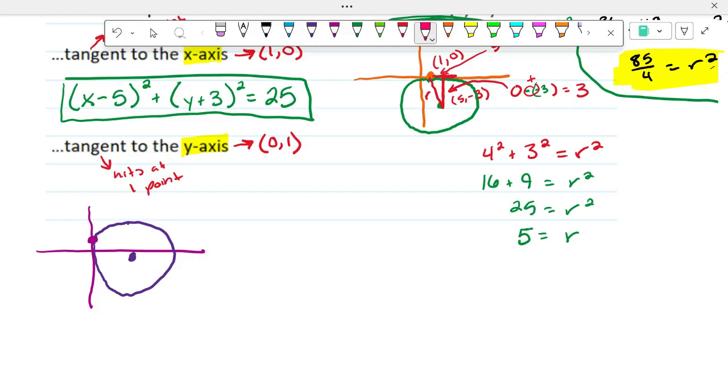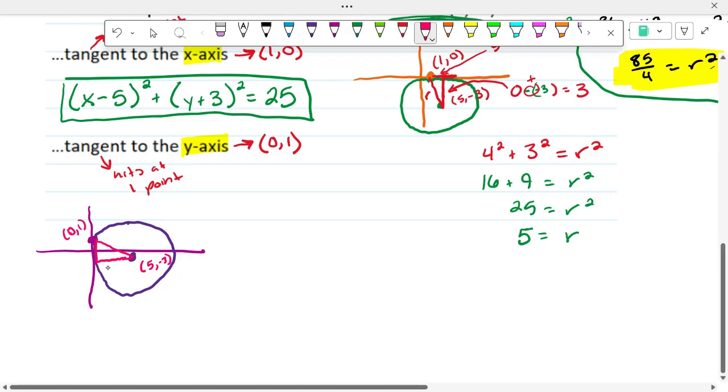Okay, so this is the point 0, 1. This is still the same center point, so 5, negative 3. So we're going to do the same thing to find our radius. We're just going to do our rise over run.